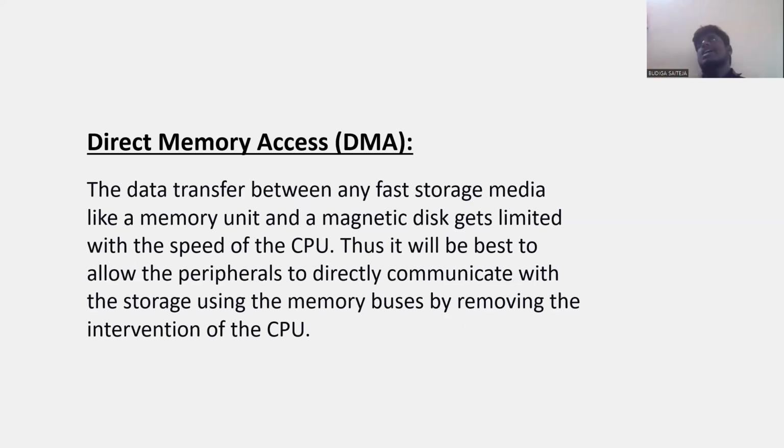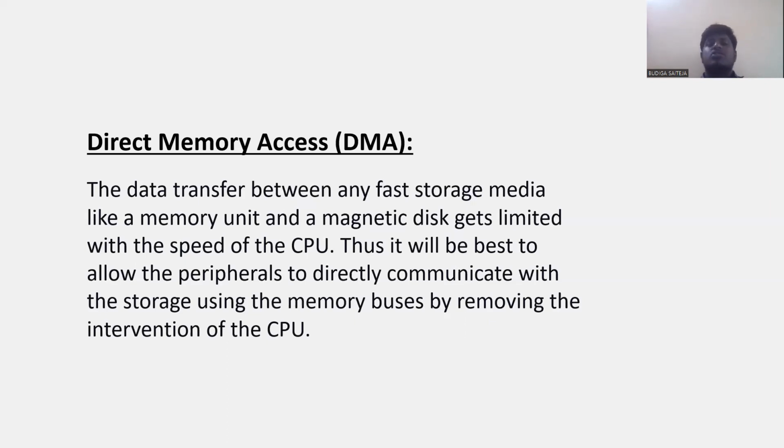In direct memory access, the data transfer between any fast storage media like a memory unit and a magnetic disk gets limited with the speed of the CPU. With the help of direct memory access, transferring of data will be faster between the memory unit and the magnetic disk.